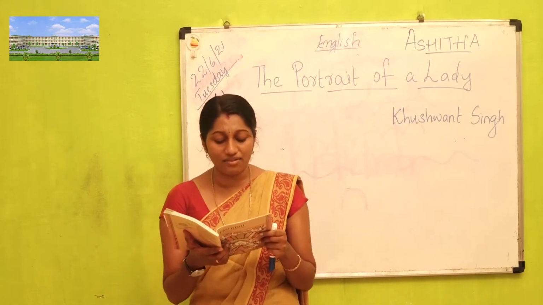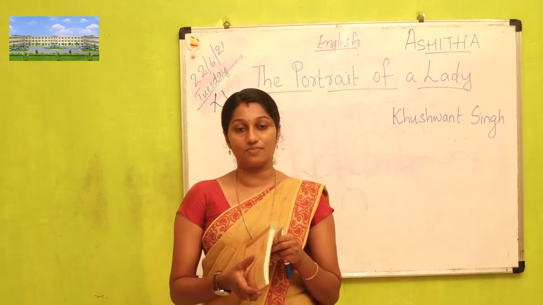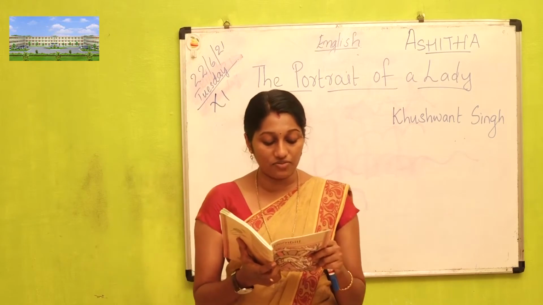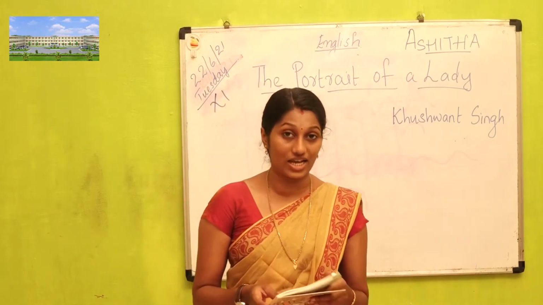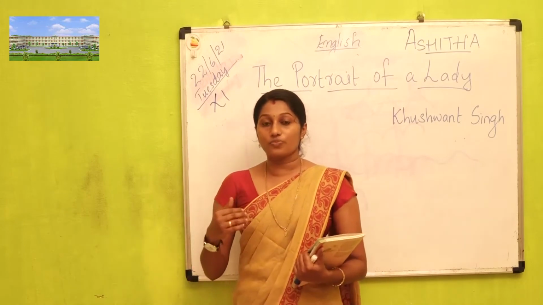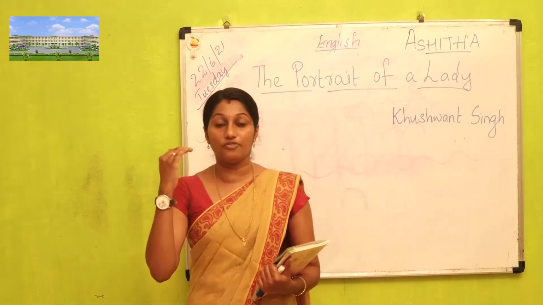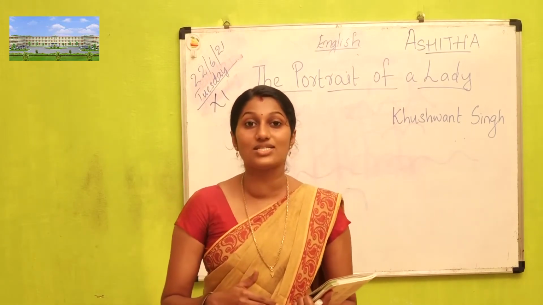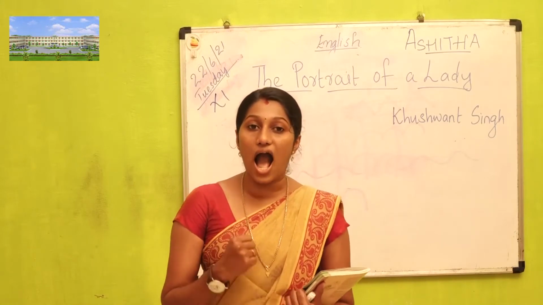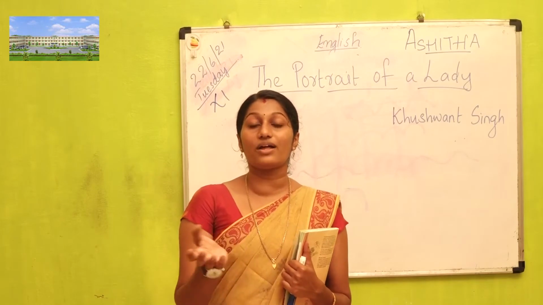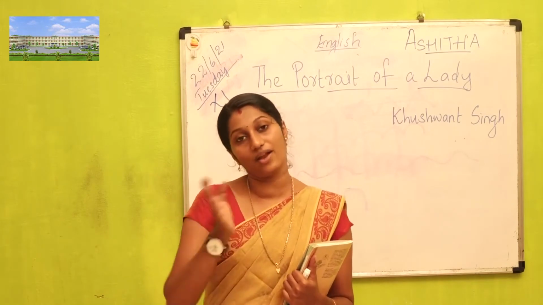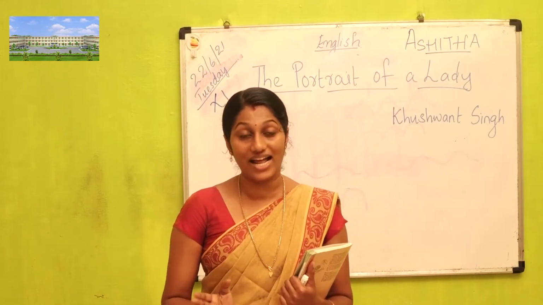Let's see. My grandmother and I were good friends. My parents left me with her when they went to live in the city, and we were constantly together. So from the third paragraph onwards, the author is saying how close Khushwant Singh and his grandmother were, the intimacy between the grandmother and the grandchild.